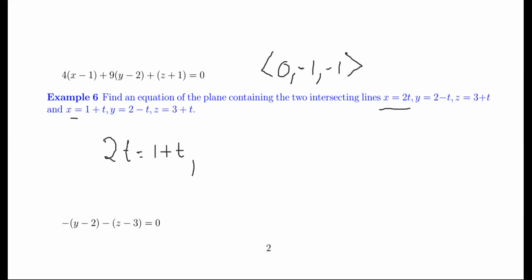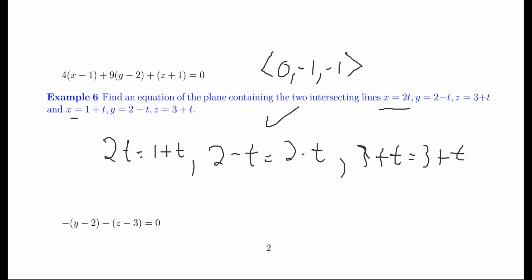We need y to equal y, so 2 minus t is equal to 2 minus t. That's correct. And then we need 3 plus t to equal 3 plus t. So we want to find some t value that makes all three of these statements true. Well, the second and third are true for any value of t.